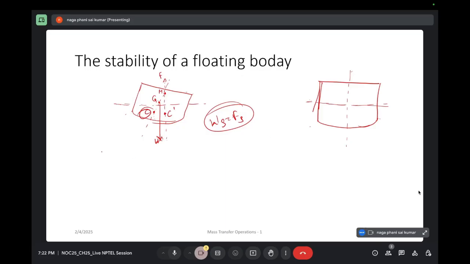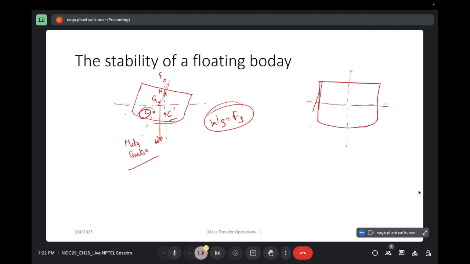So these forces are nothing but restoring forces, and this new center of buoyancy will be passing. If you connect the center line of the body with the new center of buoyancy, it will be passing through a point M. Okay, this point is called the metacenter.